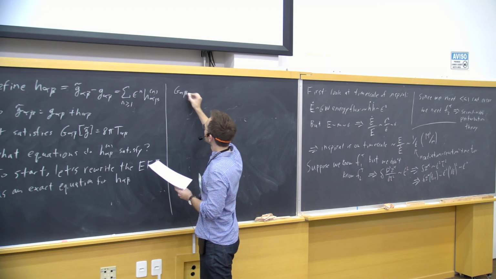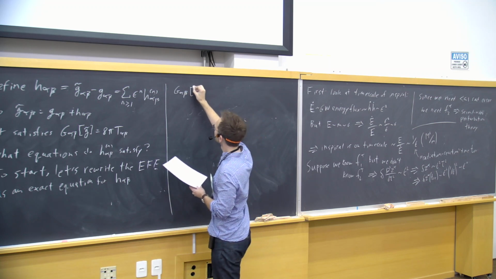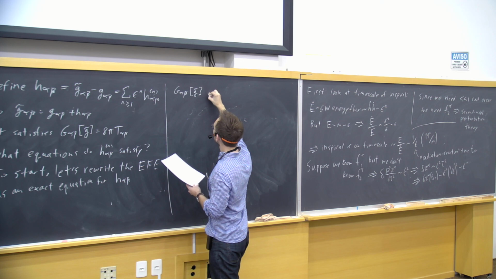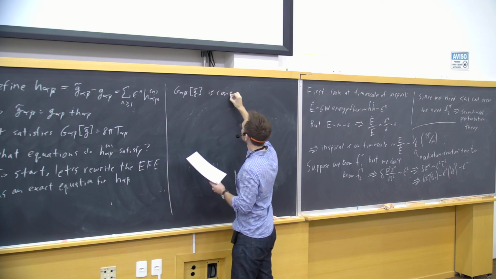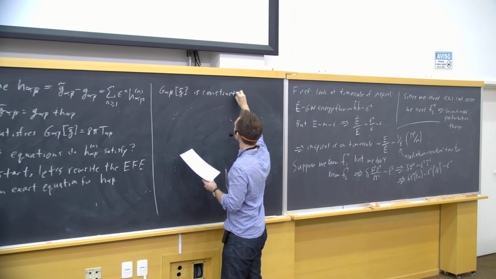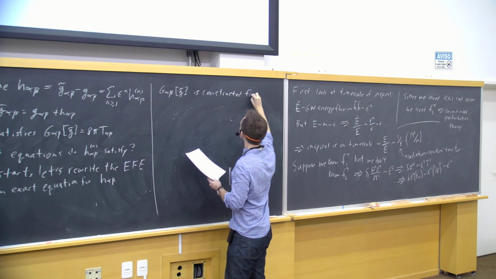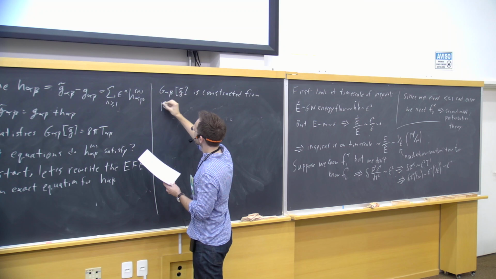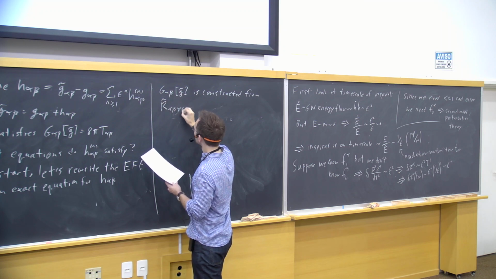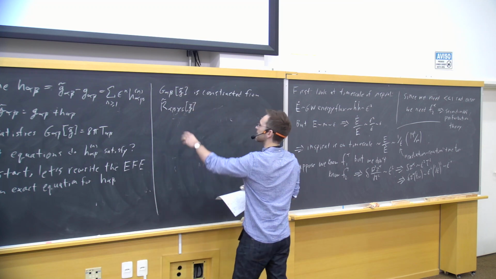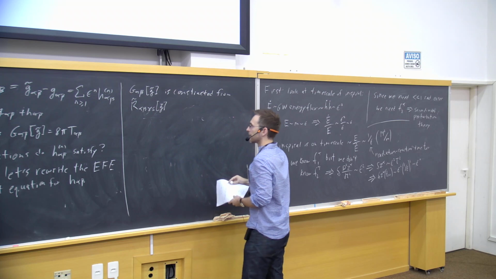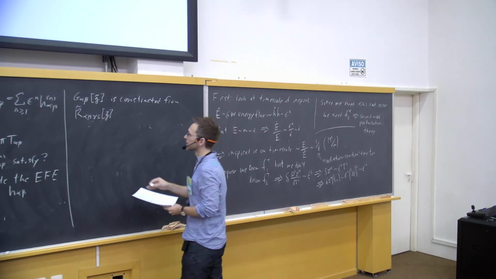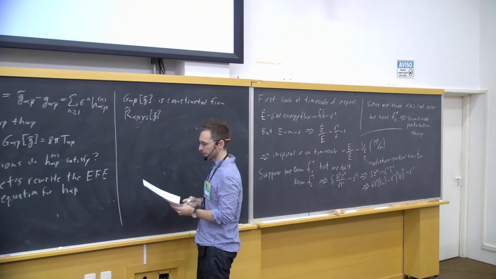So remember, the Einstein tensor is constructed from the Riemann tensor, so I'll put a tilde on top of the Riemann to indicate that it's the Riemann tensor of the exact spacetime.